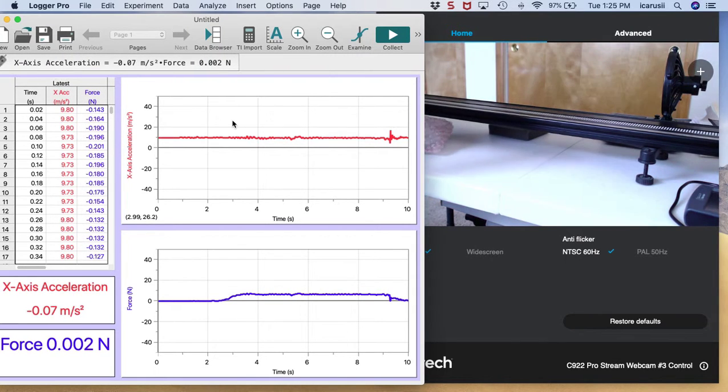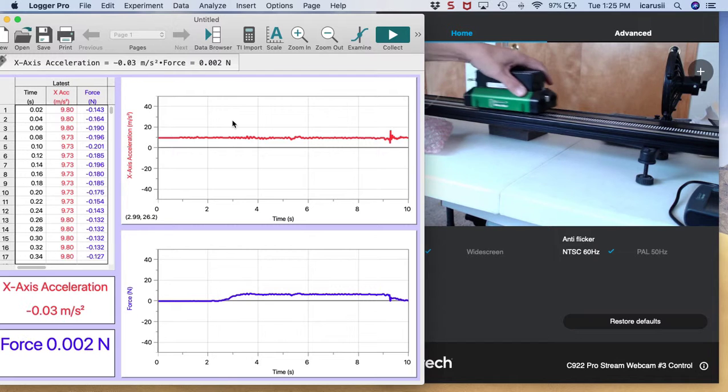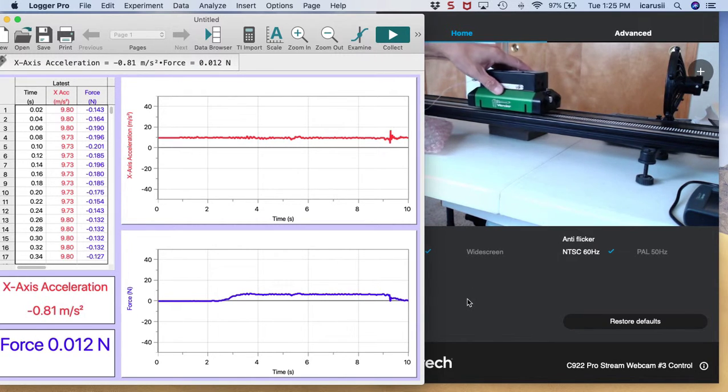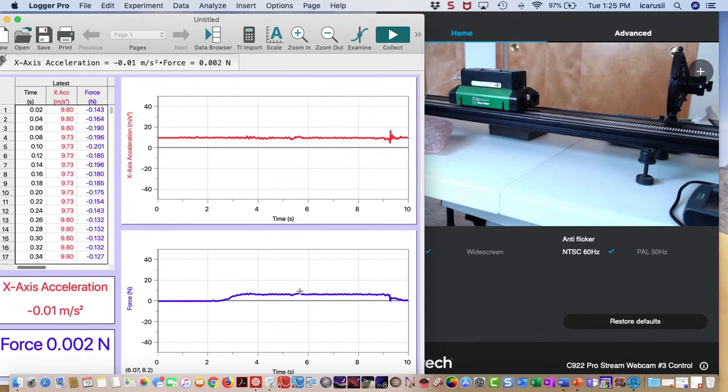And we're done. You can see that the data was collected, and I'm not that interested in the ends, meaning here and here. I'm more interested in this middle section. So I will take a measurement of that. Now that should actually be the weight of the cart.